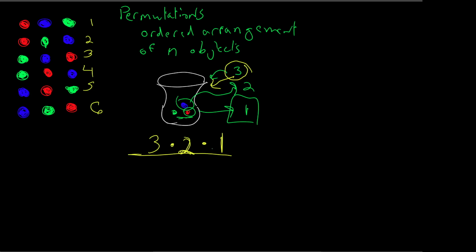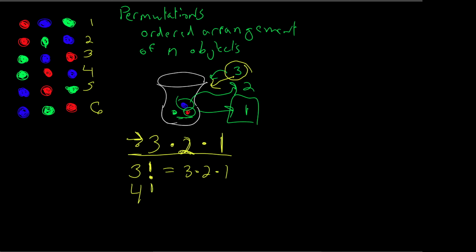But in this case, each time I pull one out, I have fewer options to go. And this is a very special series of numbers. We write it as 3 factorial.